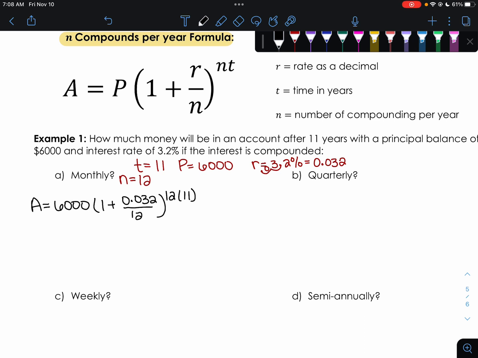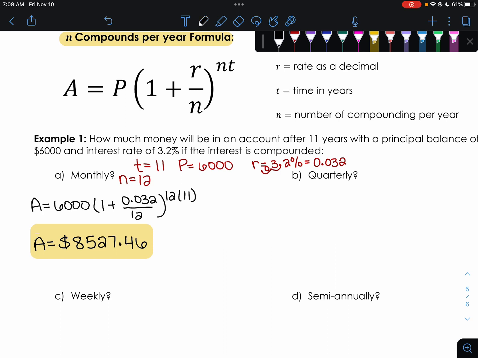Make sure you type it in exactly as it looks, and that your exponent is 12 times 11. So when it's compounded monthly after 11 years, there should be about $8,527.46. And so that would be our answer for this problem.